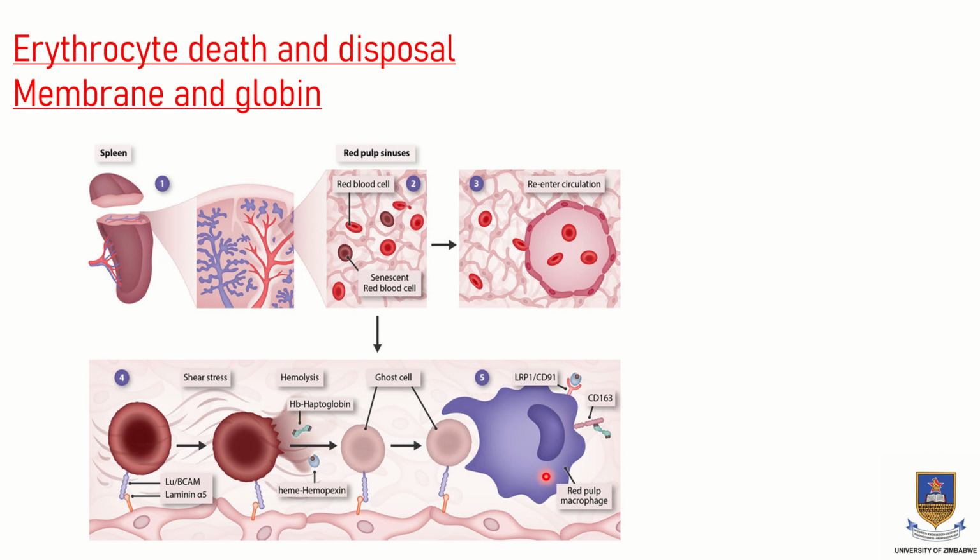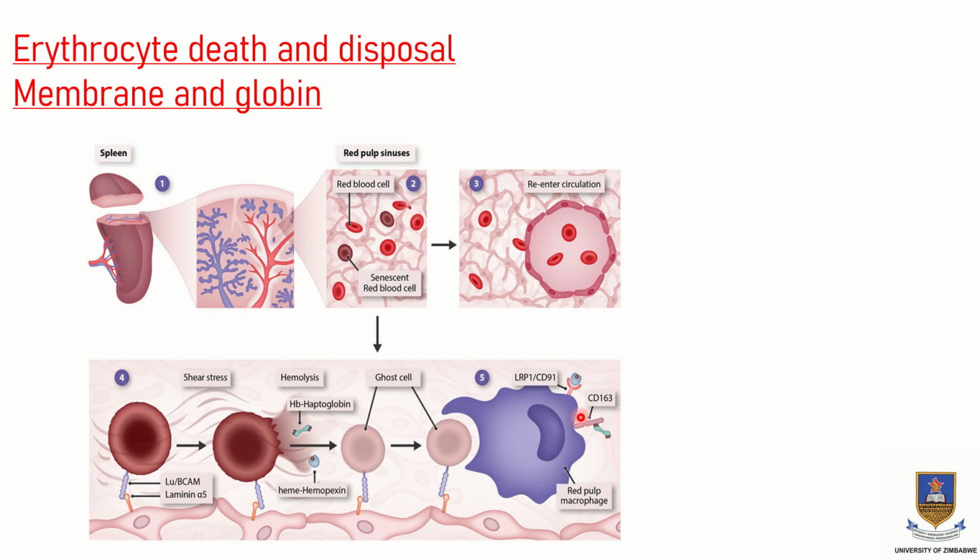Then the globin part attaches again to a receptor on the macrophage, and it is broken down into amino acids, which are then used as normal amino acids from the diet.